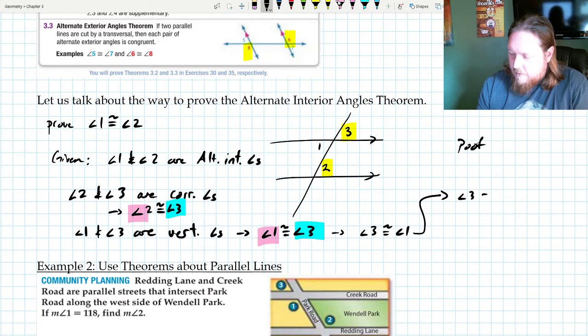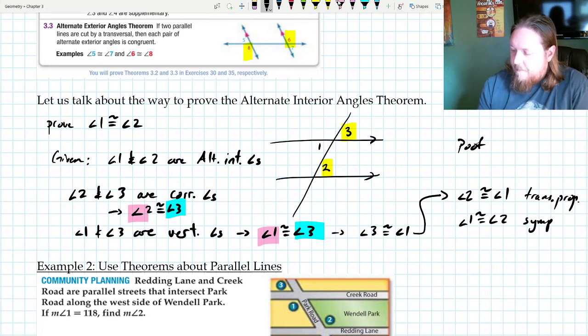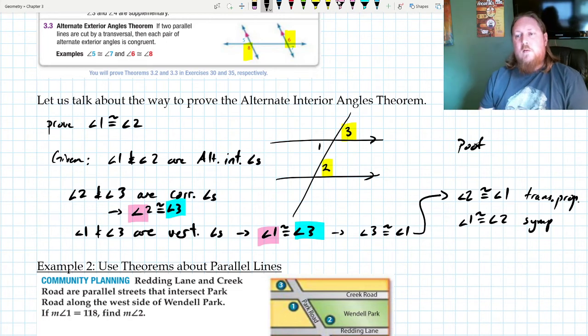Angle 2 is congruent to angle 1, and that's the transitive property. Last little thing, I'd have to just switch the order of those two things, and that's the symmetric property. Okay, so that's kind of like the outline of how I would write that proof.